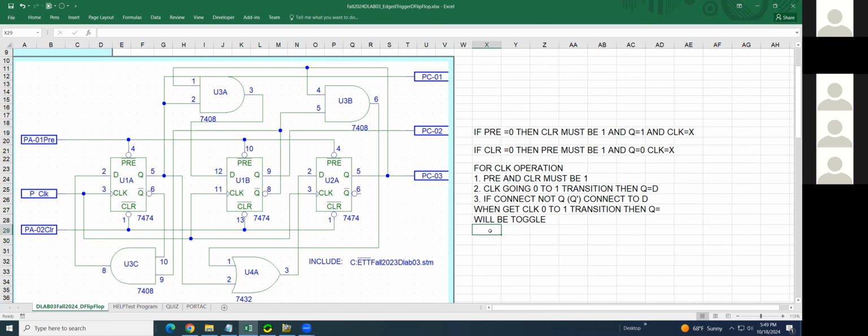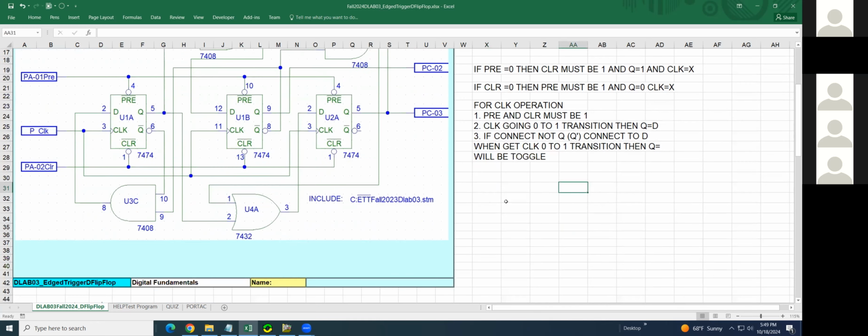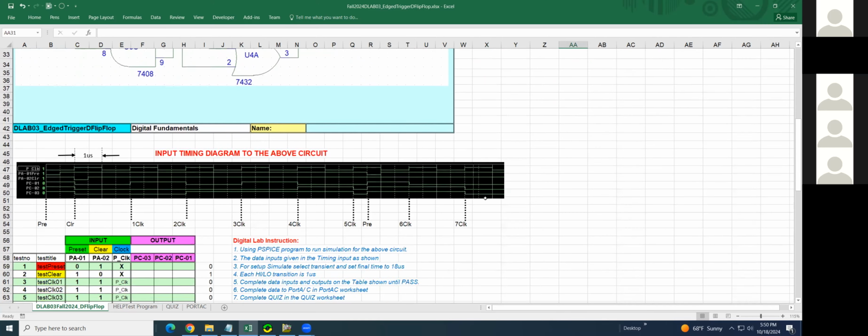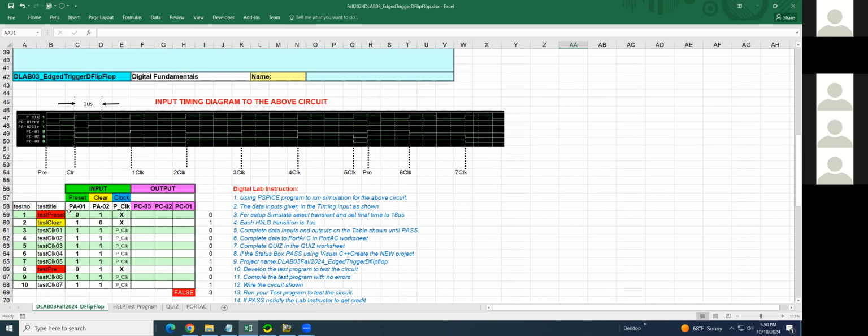So basically, you want to test and understand, because that's a very basic thing we have to know. Then you enter PA: first thing 0, then PA1, PA2, P clock.